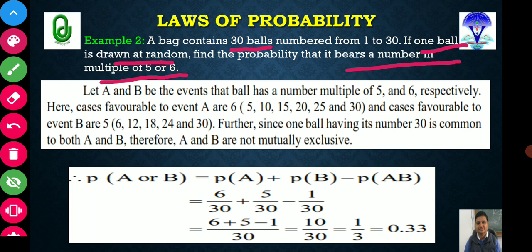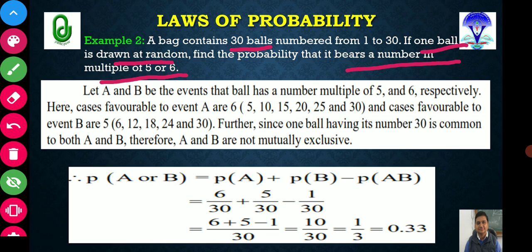So what is the probability that the ball which is numbered, and that number is either multiple of 5 or multiple of 6? So I think the question is clear to you. We have to draw a ball and we have to find the probability that the ball that we have got is either multiple of 5 or multiple of 6.